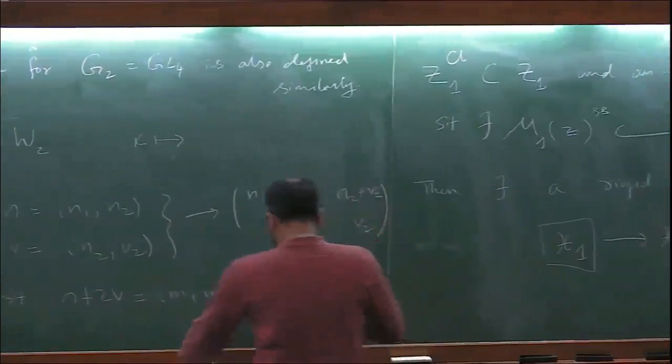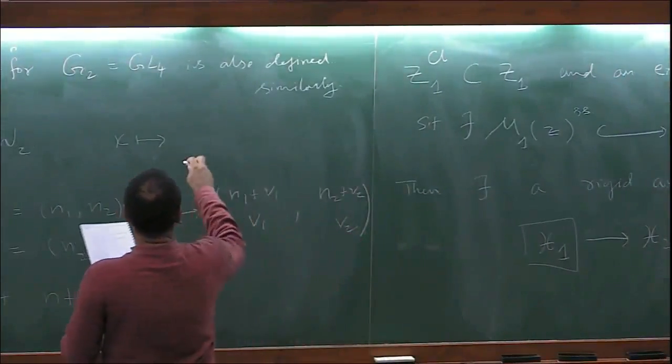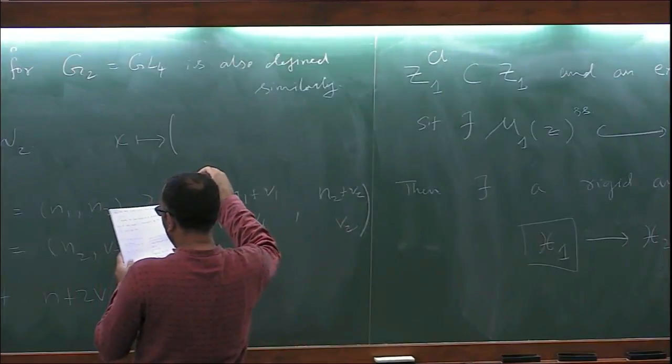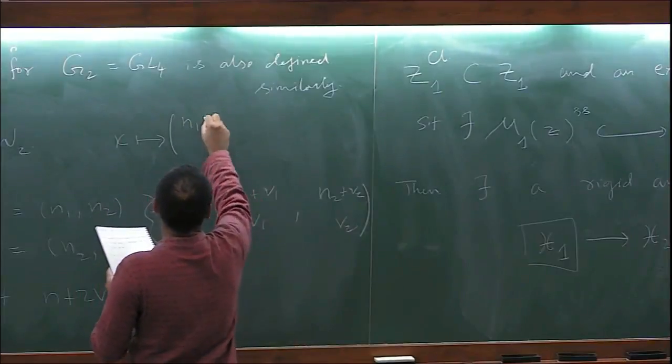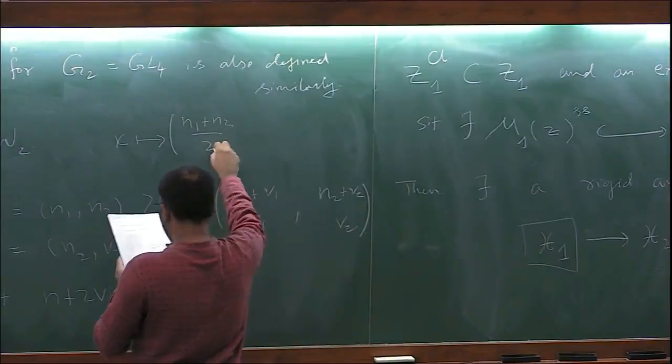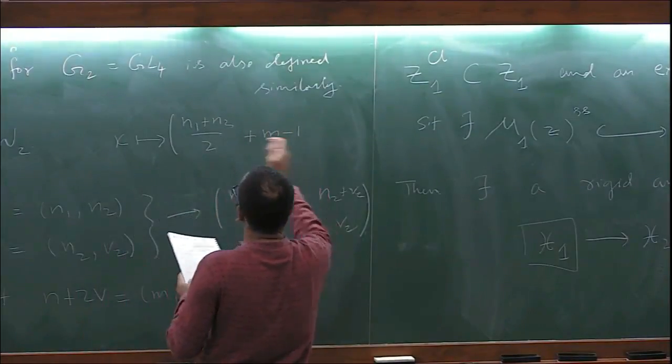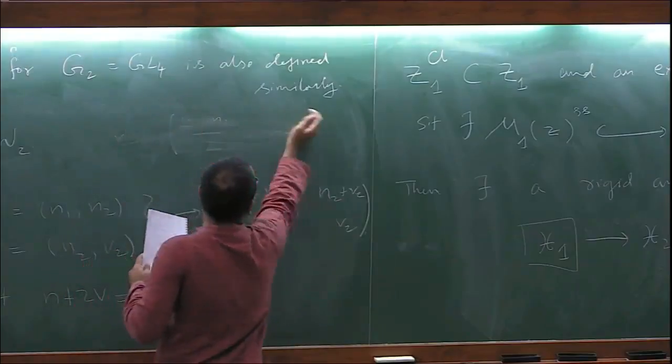So then this weight goes to the following weight for GL4. This is actually given by (N1 + N2)/2 + M - 1. So I need more space for this.